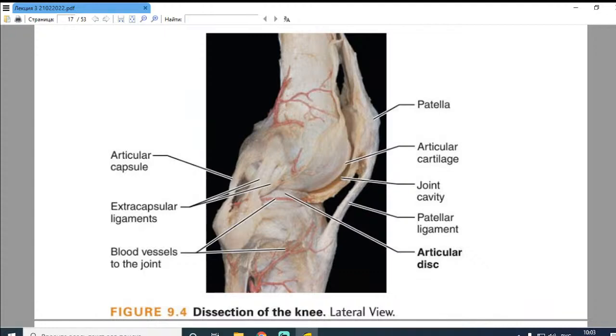And you see the extracapsular ligament. Now you see the blood vessels to the joint. You see the articular disc. This is the cavity, the capsule, and the extracapsular ligament.